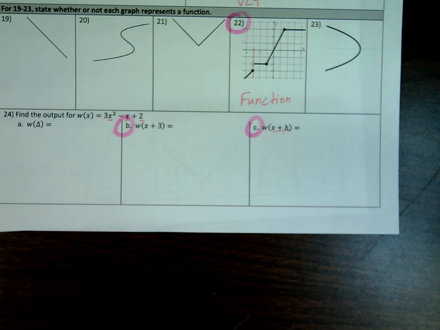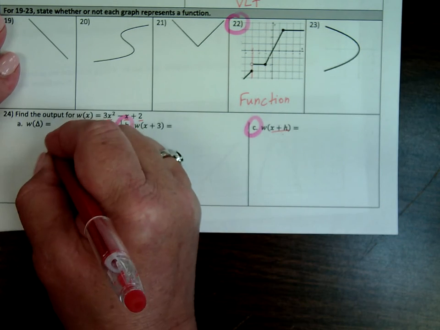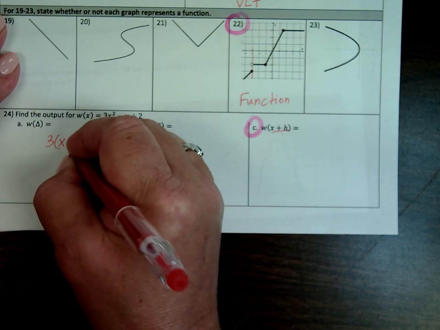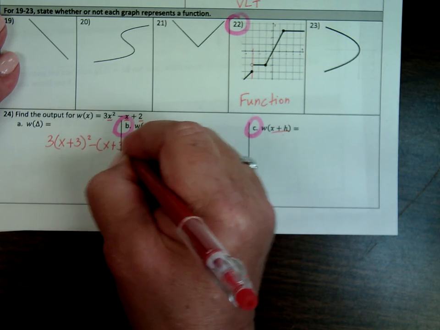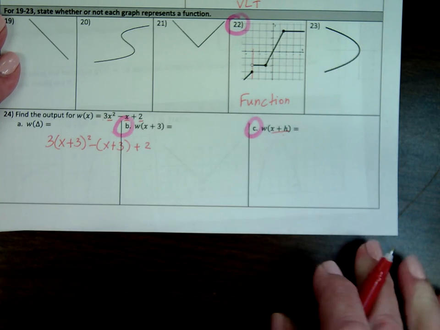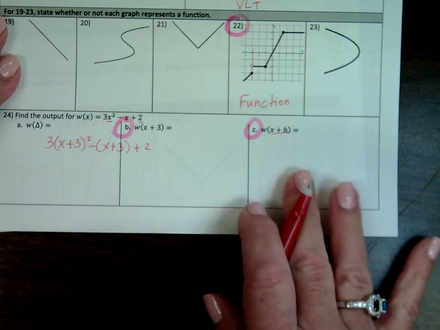So take a second and see if you can do 24B. Actually, I'm going to take my paper away so you can't peek.